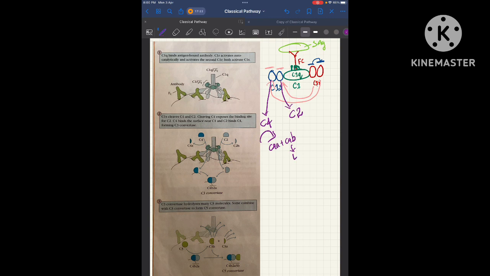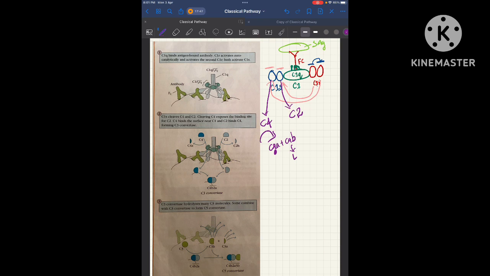C4b is generated by the cleavage and release of the small C4a fragment, or simply you can say that from C4 a small fraction called C4a is cleaved and released, so that C4b is now free. It is the active, larger fragment.